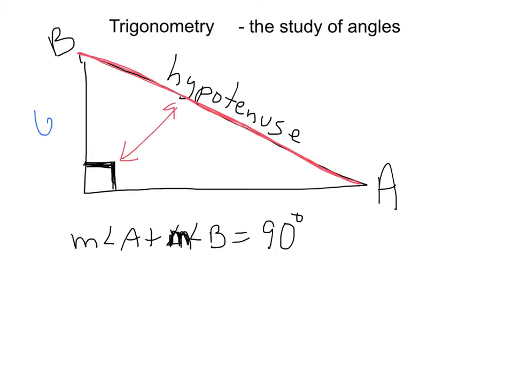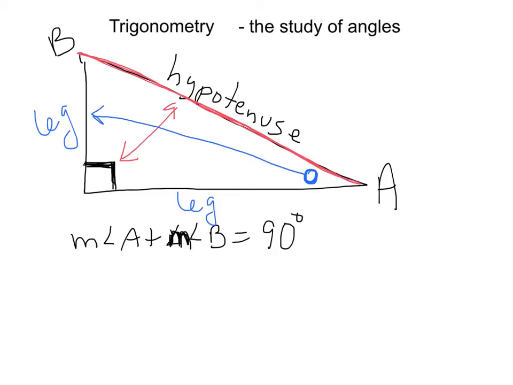And the legs have a relationship to the two acute angles, depending on which angle of reference you're using. So if I'm sitting here at angle A, and I'm in this corner, then the side opposite angle A is going to be the side that I would hit if I kind of bisected the angle and ran into the other wall.